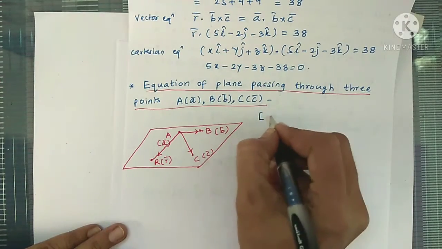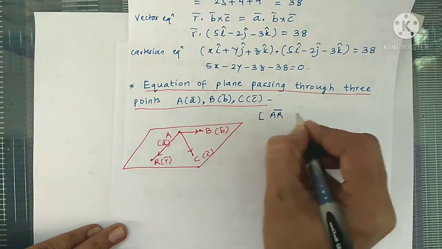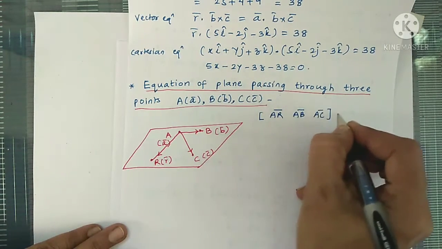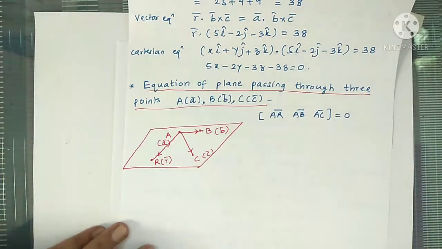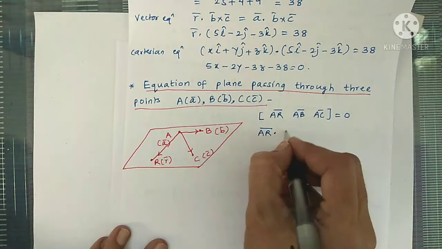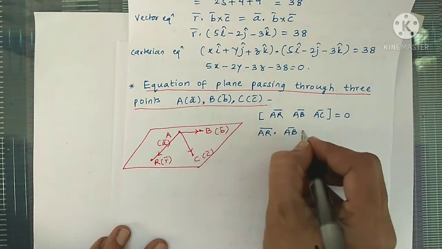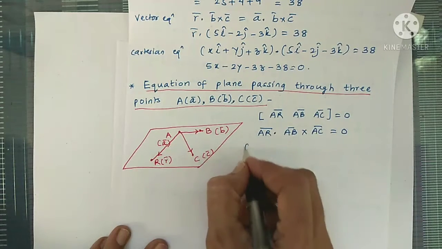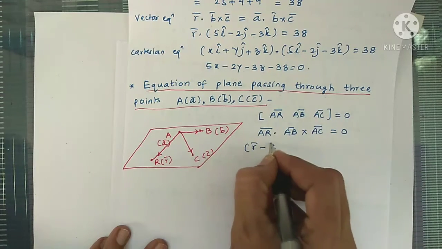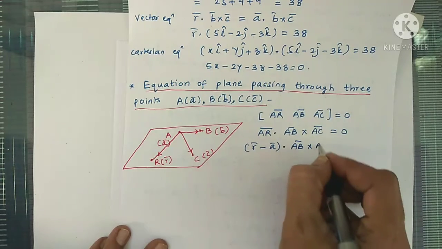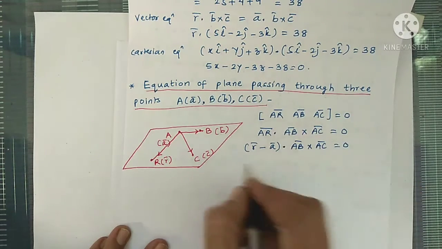The scalar triple product AR bar, AB bar, AC bar equals 0 as they are coplanar vectors. That means AR bar dot AB bar cross AC bar equal to 0. Now AR bar is r bar minus a bar, so (r bar minus a bar) dot AB bar cross AC bar equal to 0.